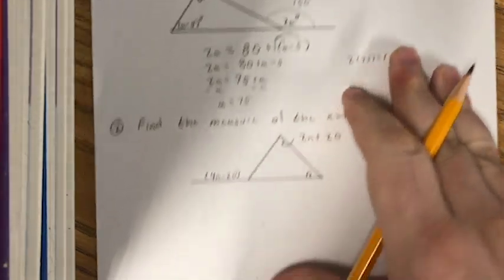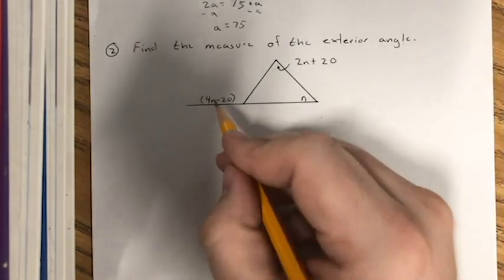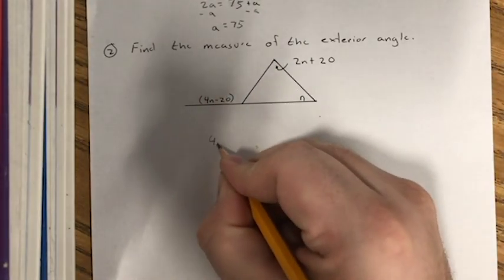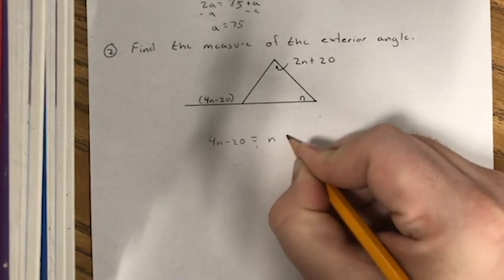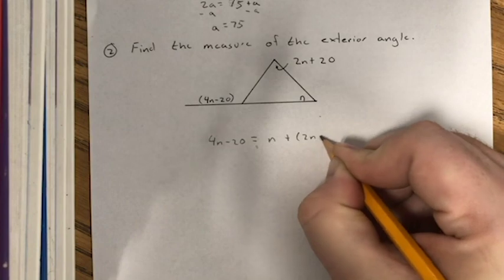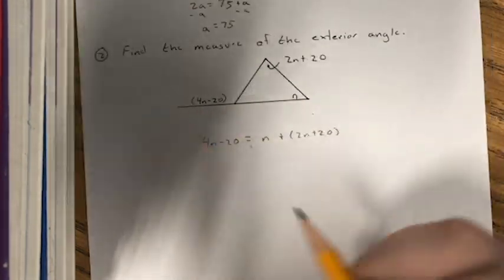Let's do the next one together. Find the measure of the exterior angle. So again, we know that this 4n minus 20 is equal to this n plus 2n plus 20. These two are going to be the same as that.